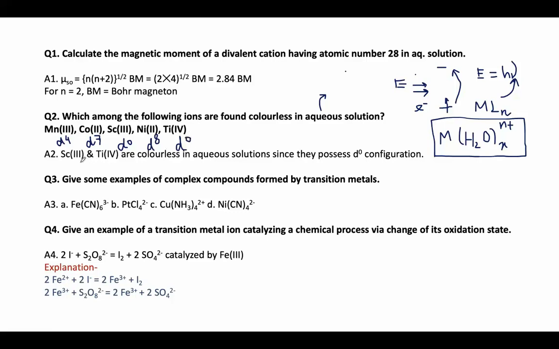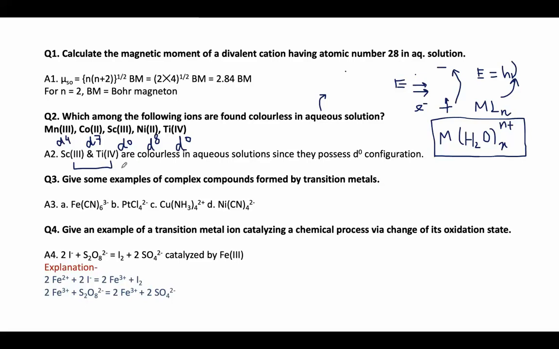Now you see scandium 3 and titanium 4 are such two systems which are actually not having any unpaired d electron. Since they have this d0 configuration, the excitation of energy of the electron is not observed here.